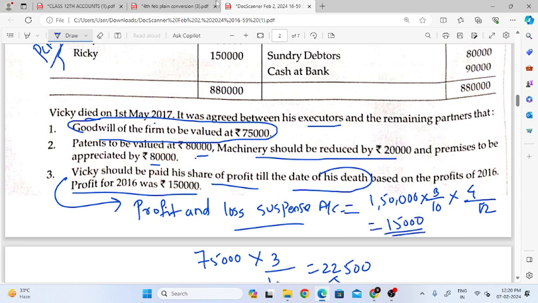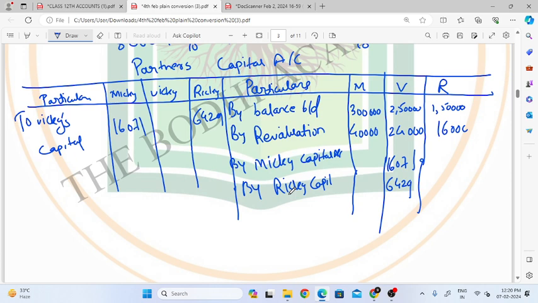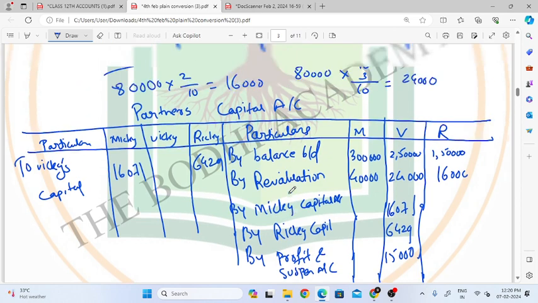Now this profit and loss suspense account, you have to write down on Vicky's side, because that is Vicky's share of profit. Yeah.